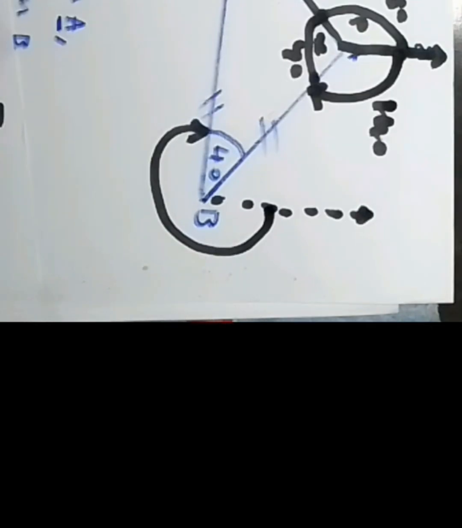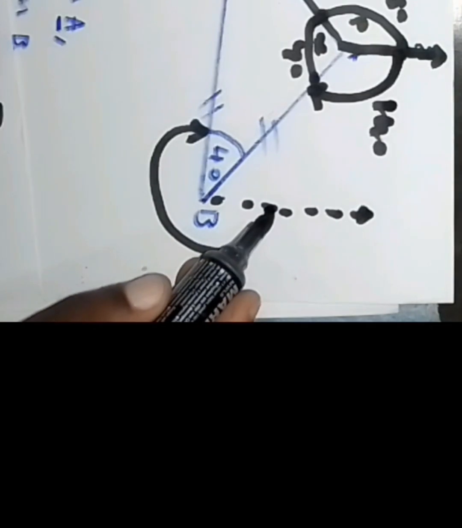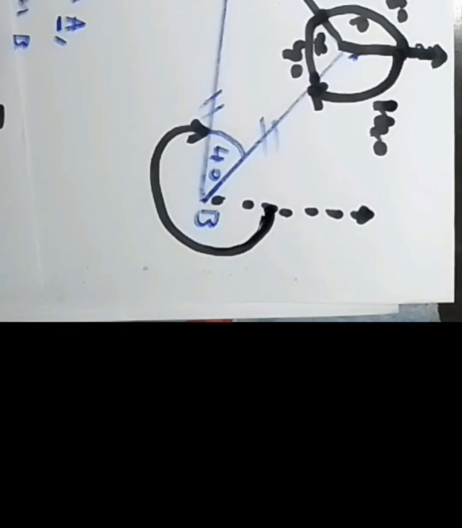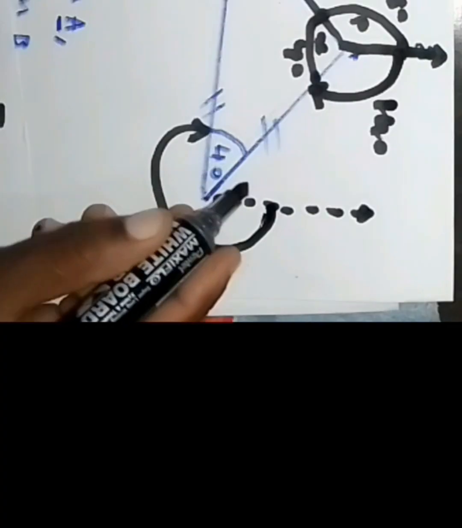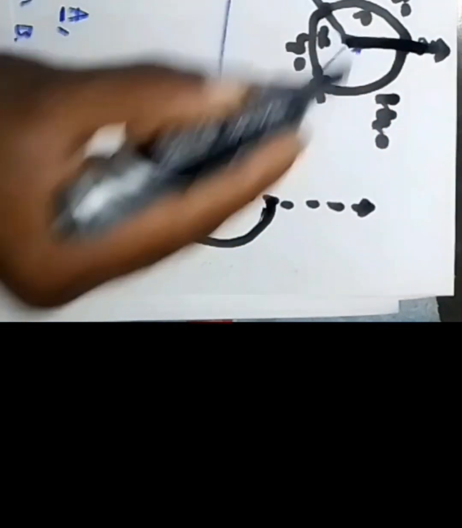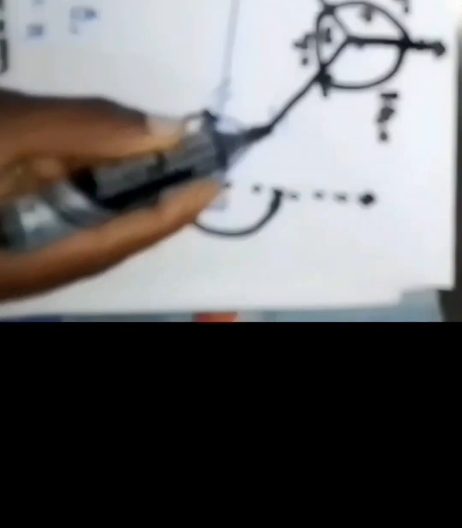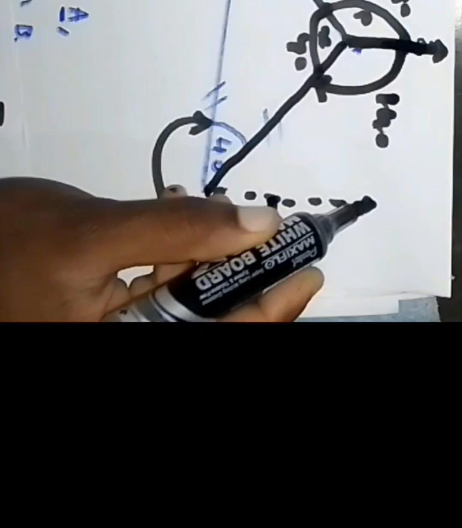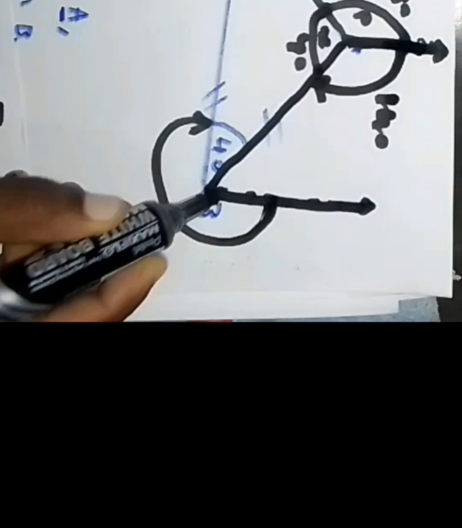To calculate this angle, we focus on the angles given, this angle and this angle, though it is unknown. These are allied angles, which add up to 180.